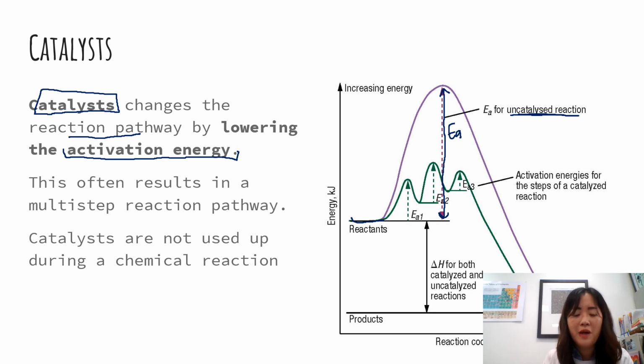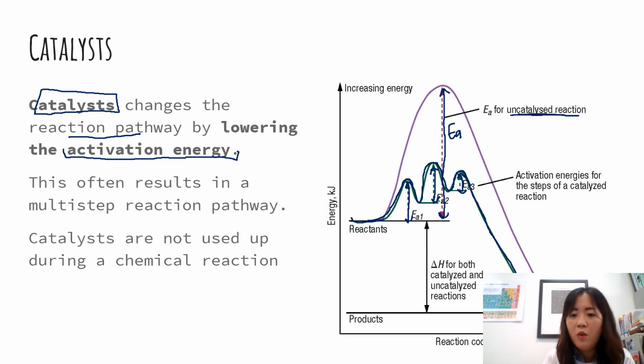But in the presence of a catalyst, you might now change the mechanism. You go from a 1-step reaction pathway to, here, a 3-step reaction pathway, and the activation energy for each of these steps is so much less than the large activation energy you saw for the uncatalyzed reaction.